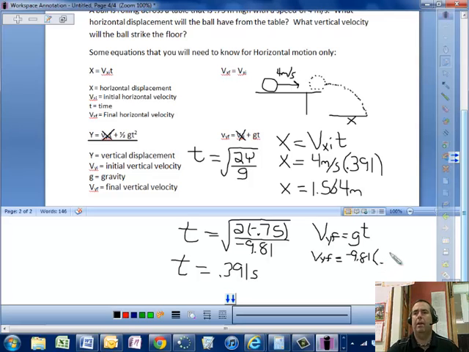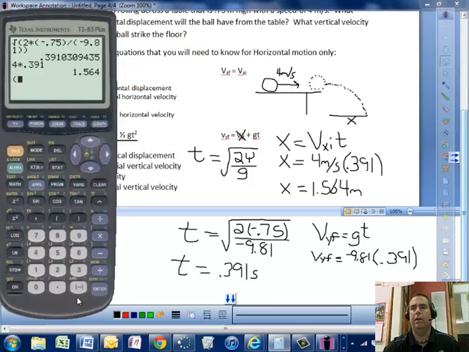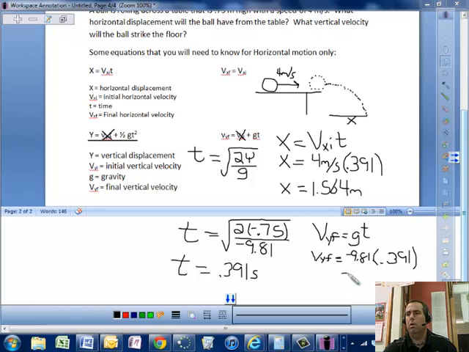If I go ahead and go back to my calculator and I take negative 9.81 meters per second squared multiplied by 0.391, I go ahead and hit enter. What we're going to say is the final vertical velocity is going to be about negative 3.84 meters per second.